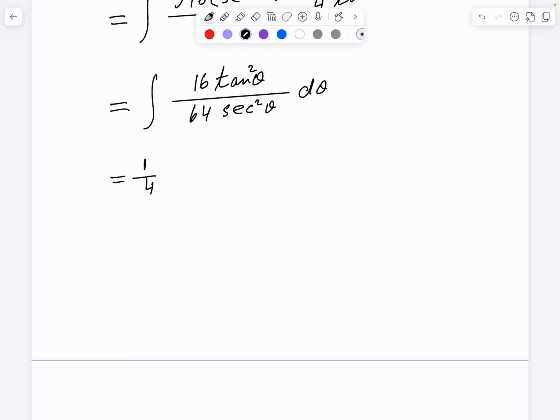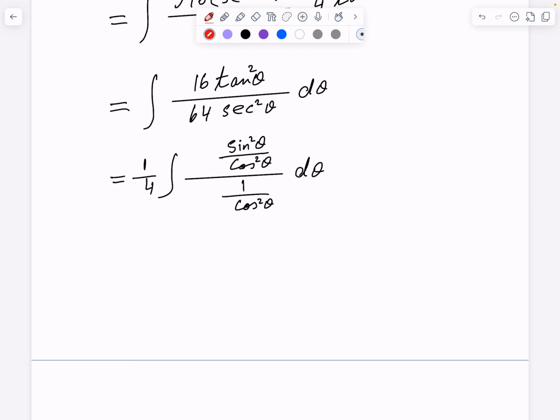We can write it outside, and then we're going to have the integral of tan squared, which is sine squared theta divided by cosine squared theta, and secant squared is 1 over cosine squared theta, and here's d theta.